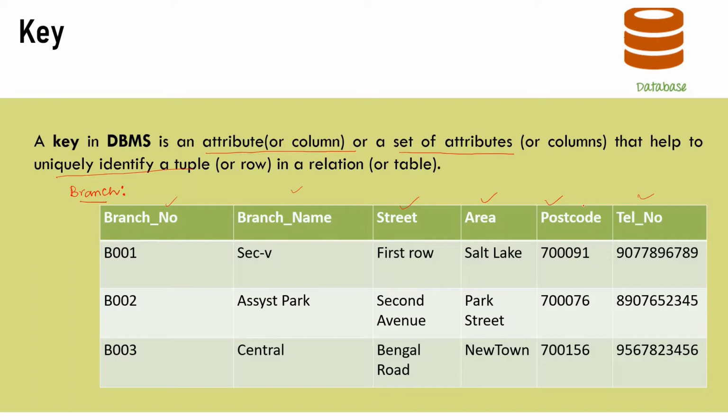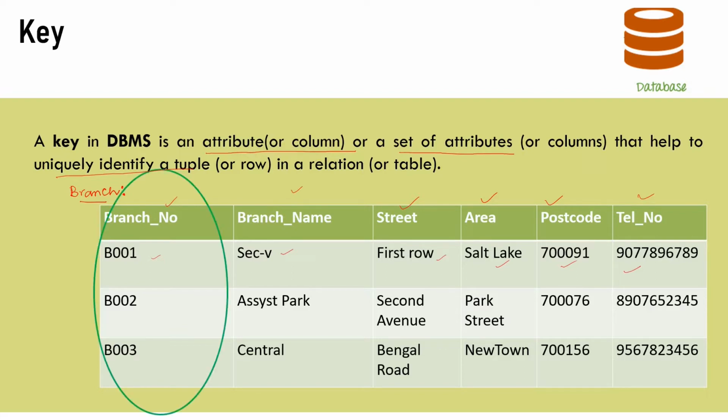And these branches will be identified by branch number, and along with branch number there will be branch name, street, area, postcode, and telephone number. Understood? These columns are also called attributes, and these attributes will have different values as shown in the table structure. So a key helps us to uniquely identify a row.